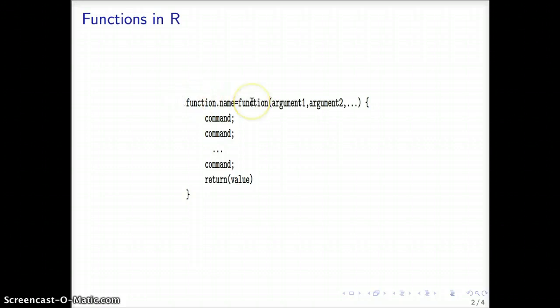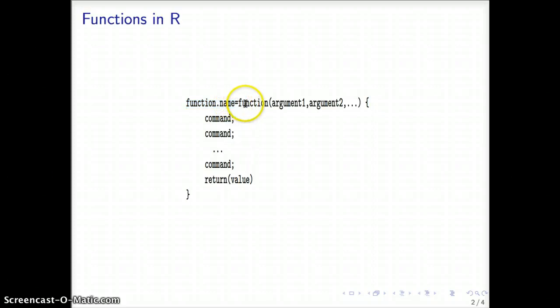There are some reserved words here, special words in R. The word function is a special word, and the word return is also special. They're reserved. However, the name of the function is a name of our choice. An important thing here is that we declare what the name of the function is.